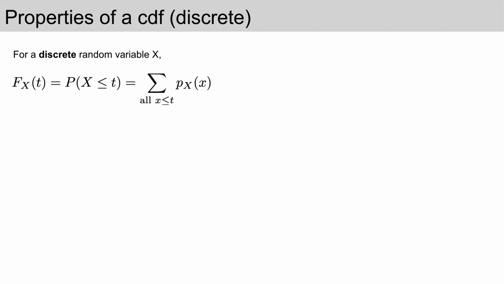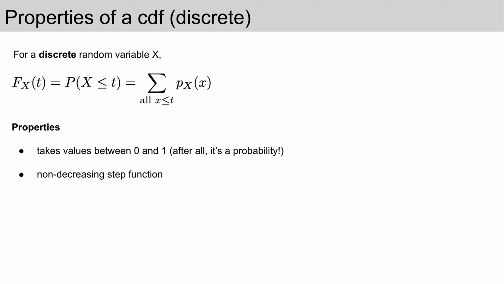Further, all discrete CDFs share some properties. First, just as is true for continuous CDFs, the output of a discrete CDF will always be between 0 and 1. After all, it's a probability. And a discrete CDF is non-decreasing.